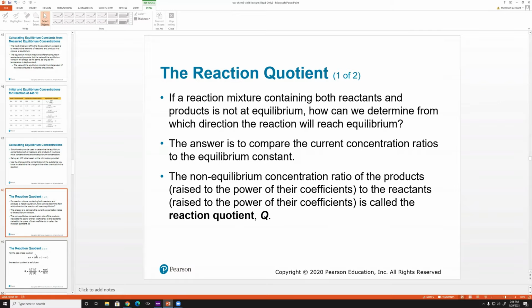Now, the reaction quotient is very similar to, but different from, the equilibrium constant.